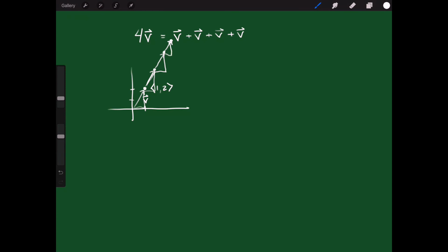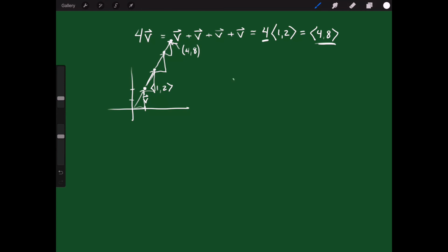I would end up at the point up here. That would be the point 4, 8. So in other words, 4 times 1, 2 is equal to 4, 8. So I can multiply each of the components of the vector by 4 and get the resulting vector.